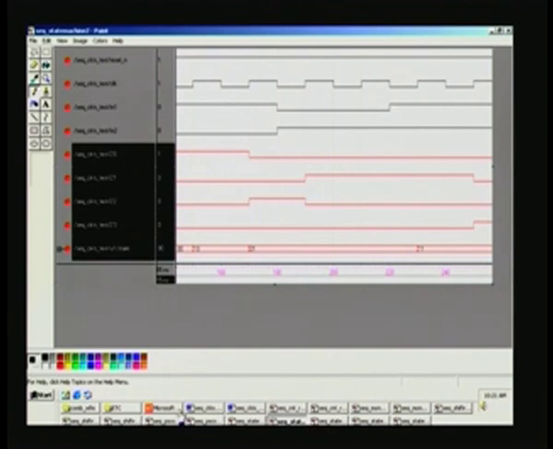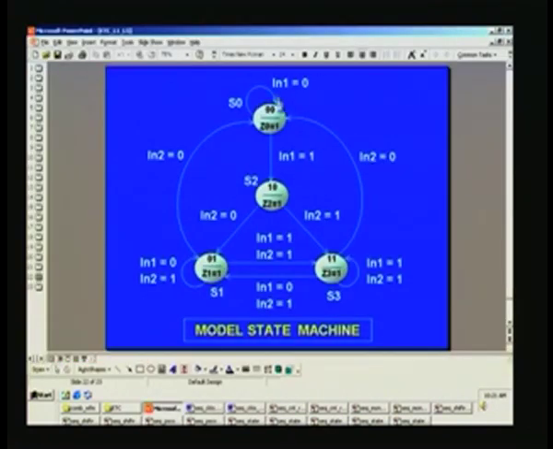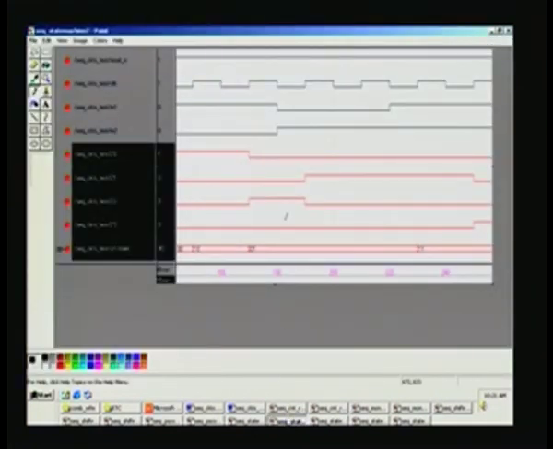So this means if input 1 is 0, it has to be in the same state, that is what we have already seen, and if it is 1, it has to go to the second state. It is going to the second state 1 0, and it will go again to the next state 0 1 depending upon the input condition.